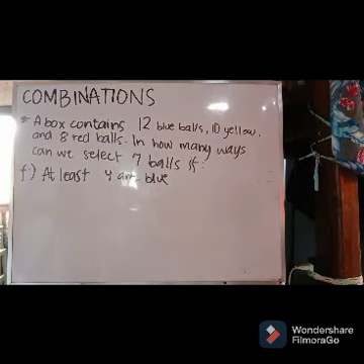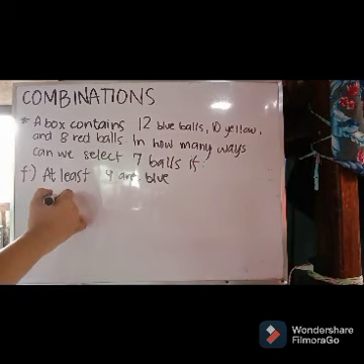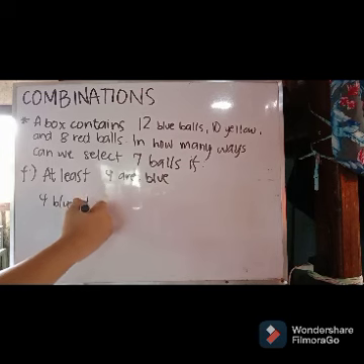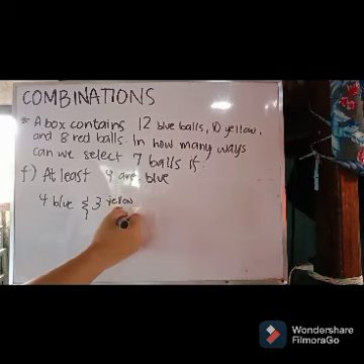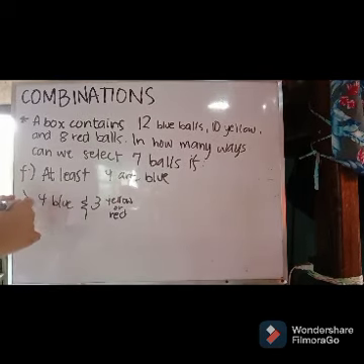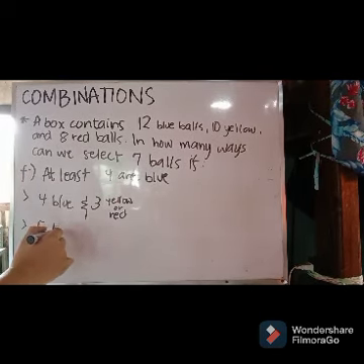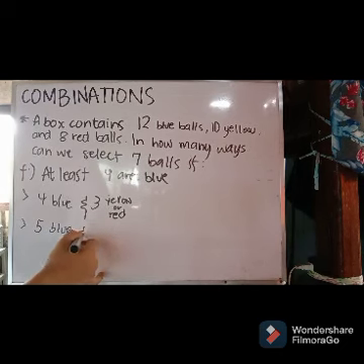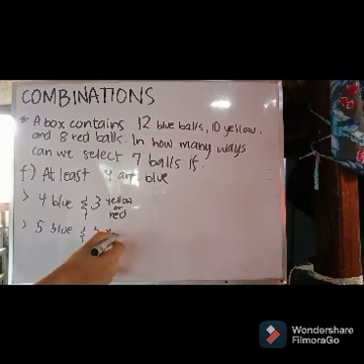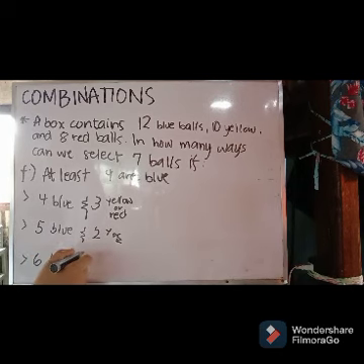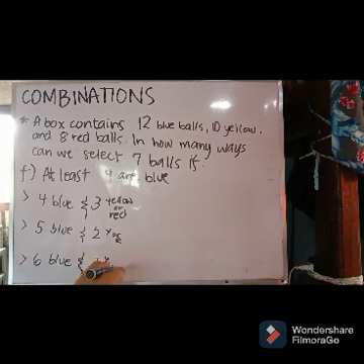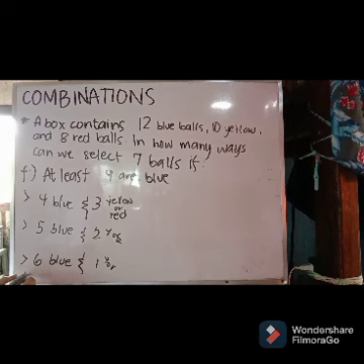It is possibly 4 blue combined with 3 yellow or red, or 5 blue combined with 2 yellow or red, or 6 blue combined with 1 yellow or red, and last is all 7 blue.